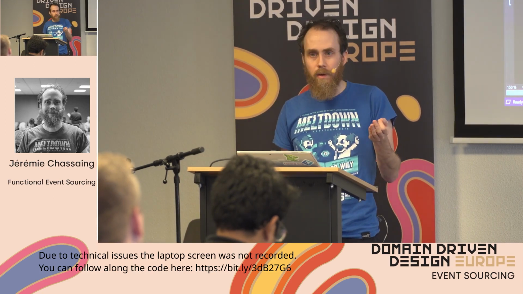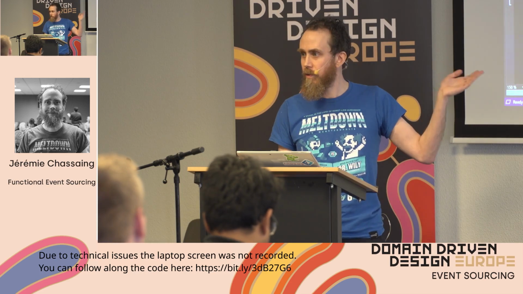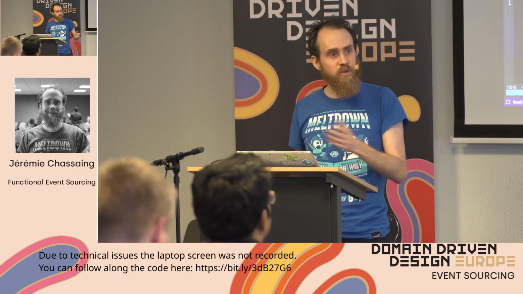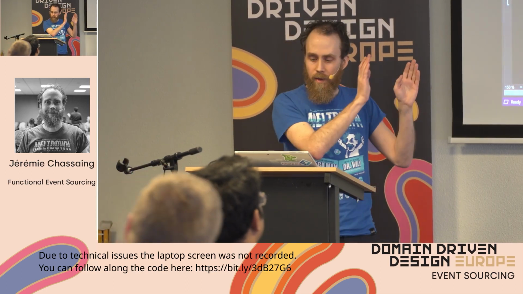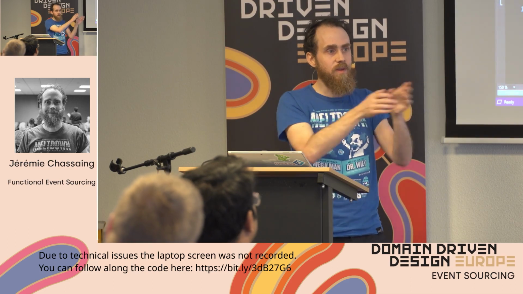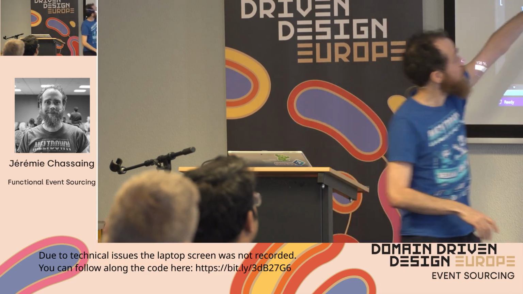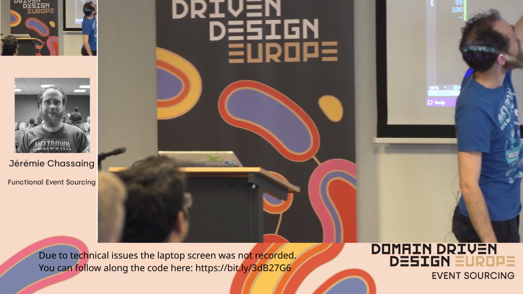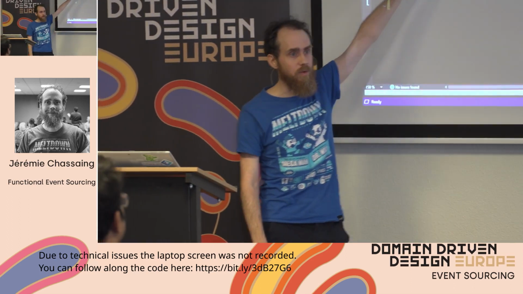You can take your hospitality, student loans or financial market. If you have those two functions with the signature command, state, events and event, state, state, you can just put them here and here, put your initial state, and just run the exact same code for your domain.